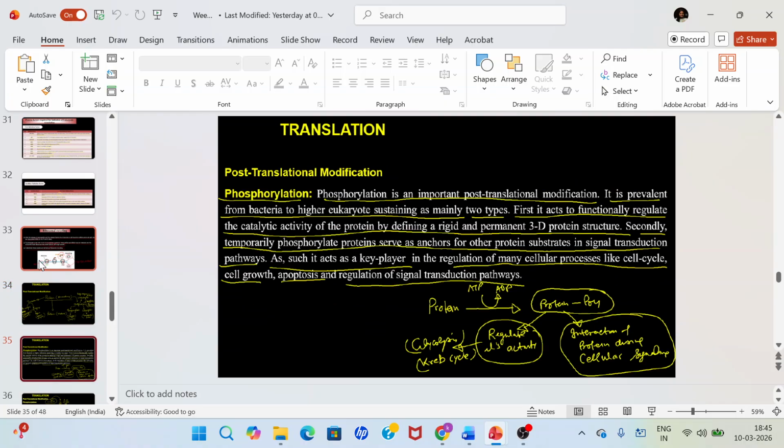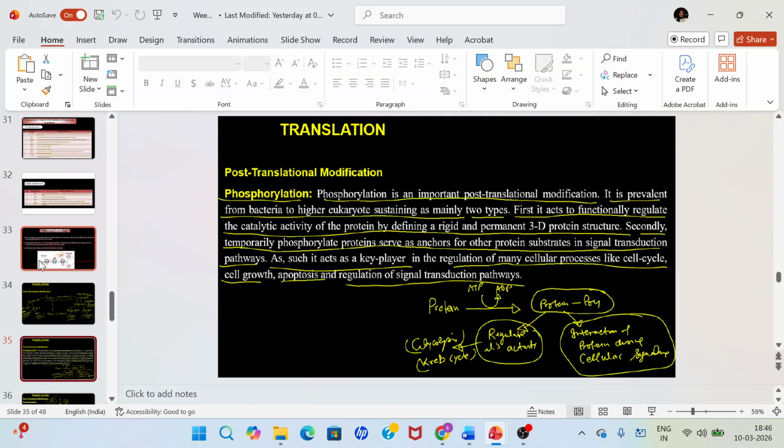First is phosphorylation. Phosphorylation is an important post translational modification. It is prevalent from bacteria to higher eukaryotes, serving mainly two purposes. First, it acts to functionally regulate the catalytic activity of the protein by defining a rigid and permanent 3D protein structure.